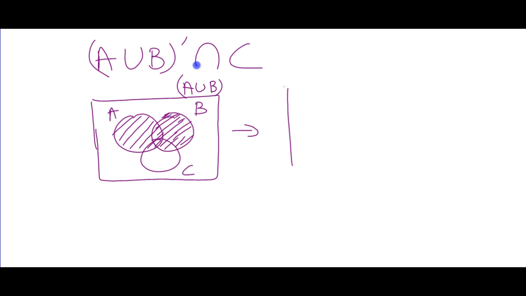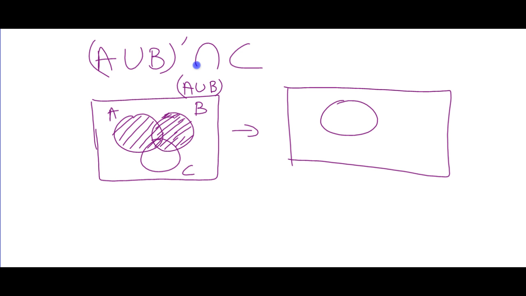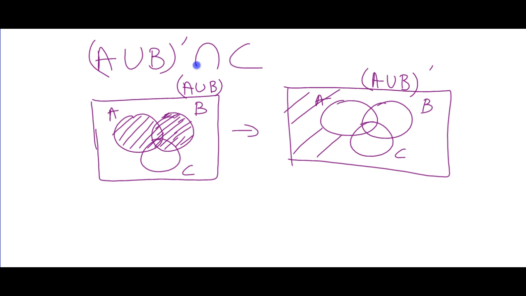So the next step is to do A union B prime. So what do I shade? Yeah, the opposite, right? So basically I'm shading everything that isn't what I shaded the first time. So that's all of the outside as well as anything that's just C, right?